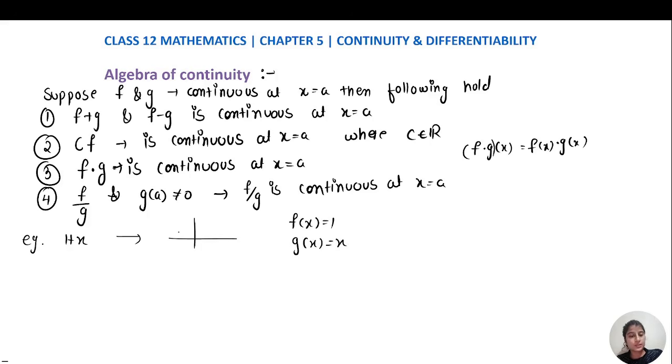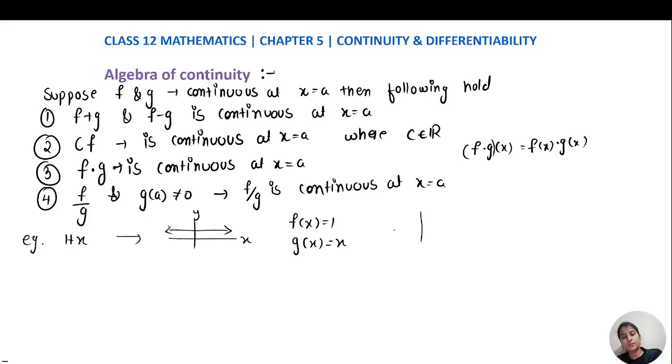So our f of x function is this. This is x, this is y, this is my f of x function. As you can see, at x equals 0, the function is continuous because the limiting value is 1 and its function value is also 1. So f of x is continuous at x equals 0.